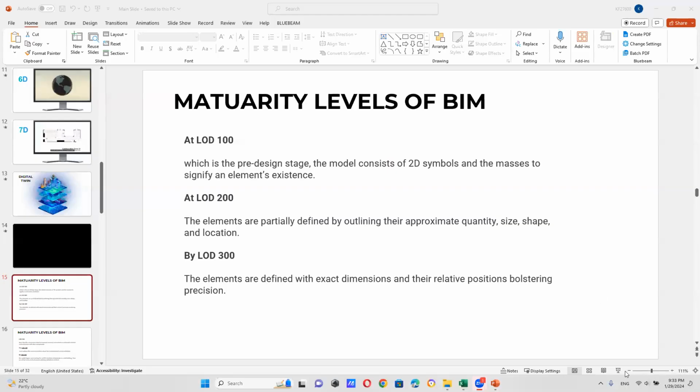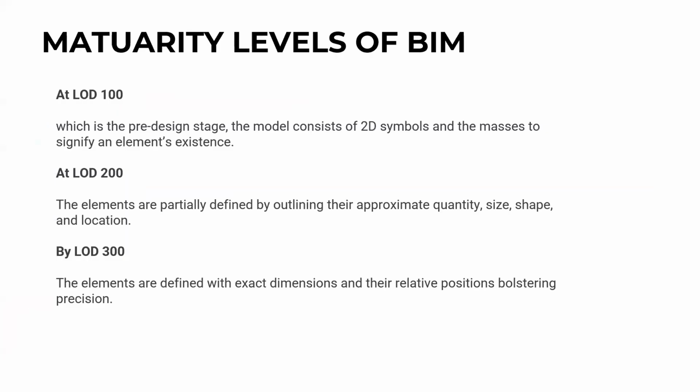And these are the maturity levels of building information modeling. At LOD 100, we create the model consisting of 2D symbols. Then at LOD 200, elements are partially defined by outline, and you can get the approximate quantity, size, shape, and location. Then LOD 300, you can get a comprehensive idea about the dimensions and positions of your model.